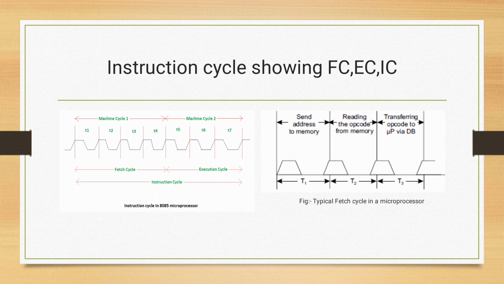Then in the second cycle, reading the opcode. It is necessary to read the opcode, which tells what kind of task is to be performed, from the memory. Then it will be transferred to the microprocessor via the data bus, and this happens in the third cycle or T3 state.